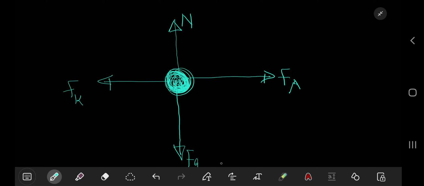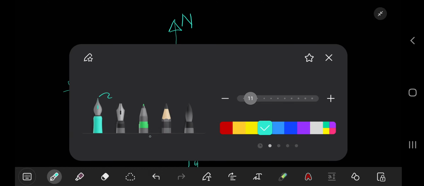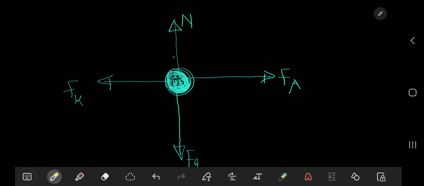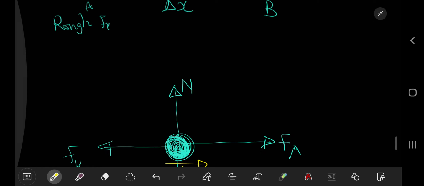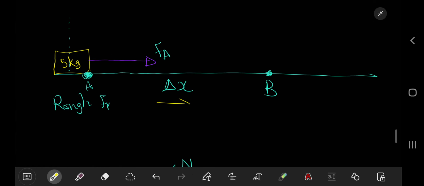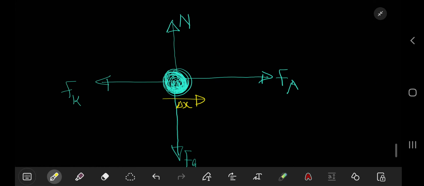For simplicity, I'll put the direction of motion, or the direction of the displacement, which is to the right, from point A to point B, on this free body diagram.